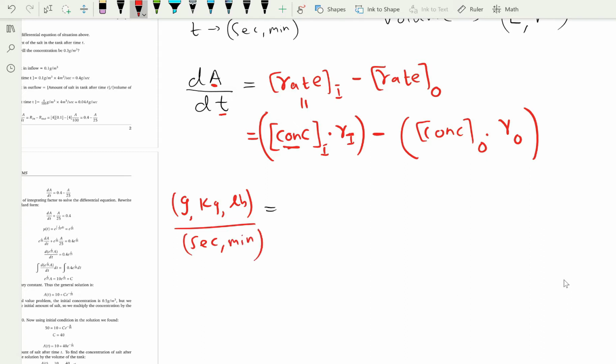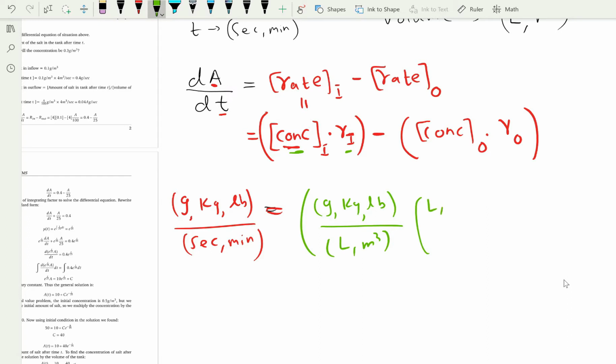Now the units of the right hand side: the units of concentration are amount divided by volume, so the amount could be these units and the volume could be liters or cubic meters, and the rate of water coming in is in liters or cubic meters. Since it is a rate, we have to divide by the units of time. As you can see, the units of the left hand side should be equal to the units of the right hand side.